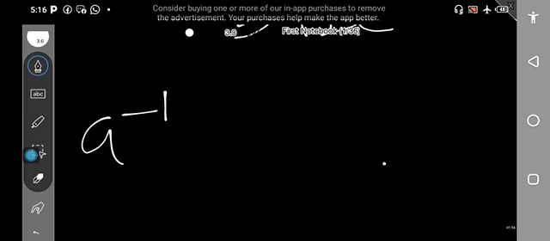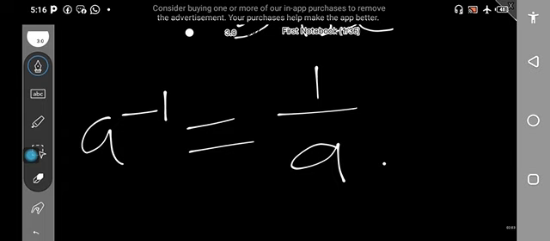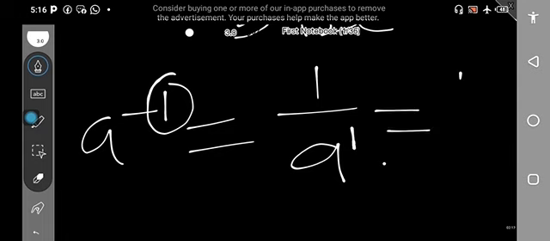It becomes 1 over A, then this 1. We don't consider the negative anymore; the negative is gone, right? And this equals 1 over A, because we know that A raised to the power of 1 is A.